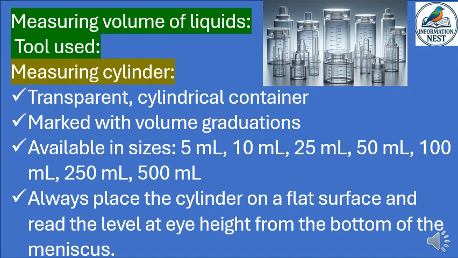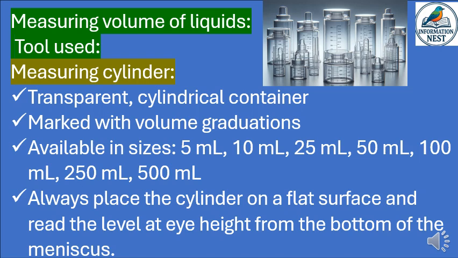Now here is a trick. Always place the cylinder on a flat surface, no tilting, no holding it in your hand like a juice glass. And when you read the level, do it at eye height, looking at the bottom of the meniscus, that little curve the liquid makes. Not the top, not the side, right at the tip. Meniscus is nothing but a mini smile in the liquid.